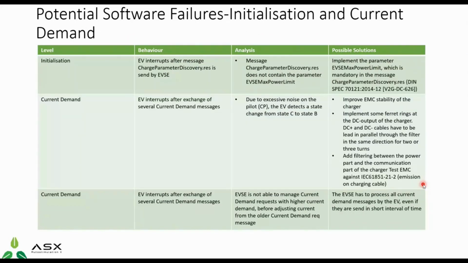Then there are some other software failures in the initialization and current demand also. What we found is that the EV interrupts after the charge parameter discovery request. That is the EV maximum power limit, given by EVCC max.